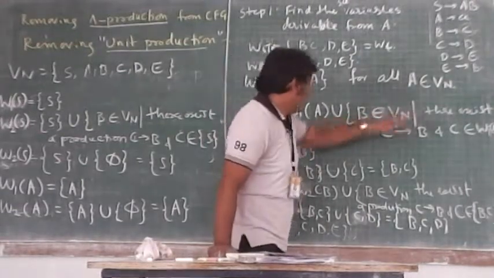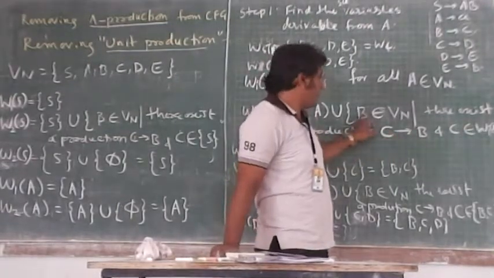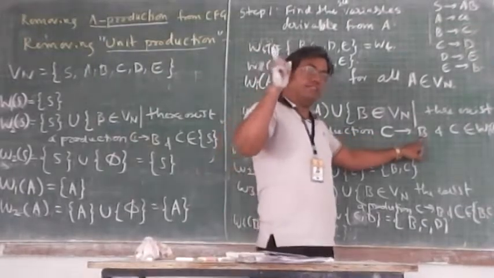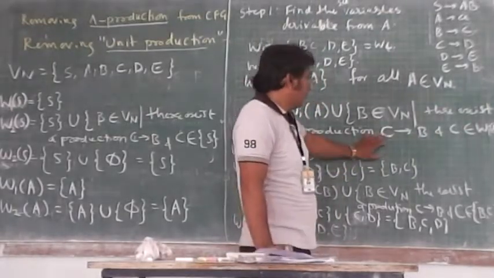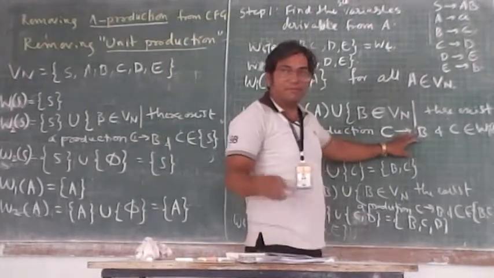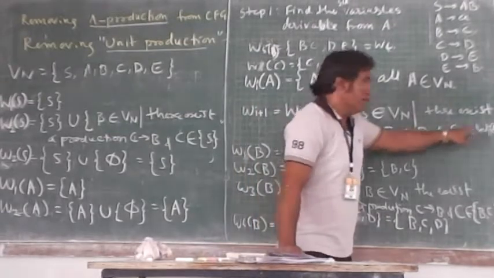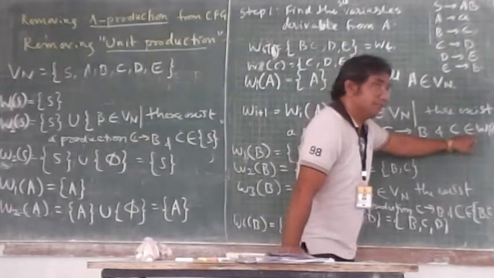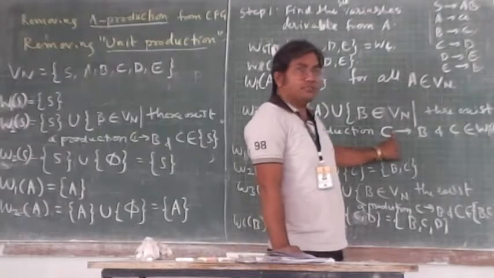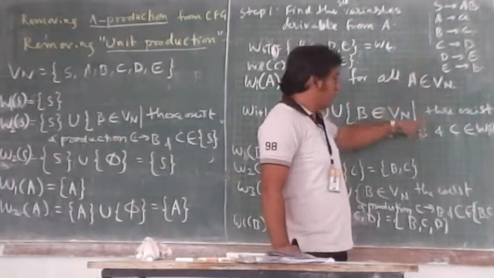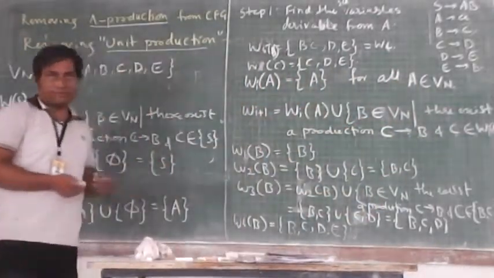If that variable is appearing on the right hand side and only singular, that is, if you get unit productions in your grammar, then the right hand side of it you have to add to W(i+1).